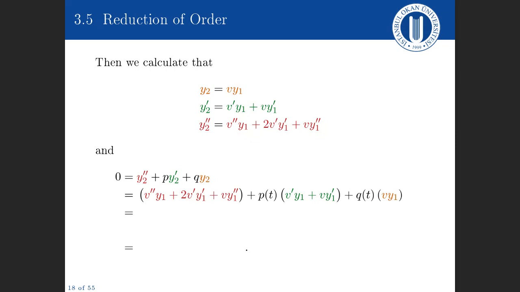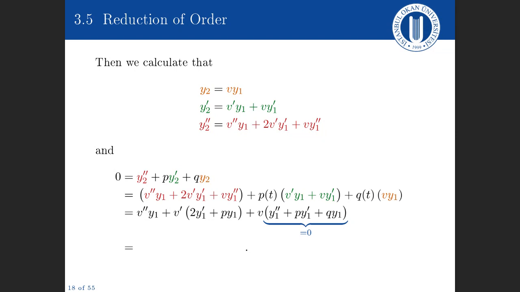Like this. We need to rearrange this and simplify this. Let's gather all of the v double primes first, then all the v prime terms, and then all the v terms. Let's look at the last bracket first of all.